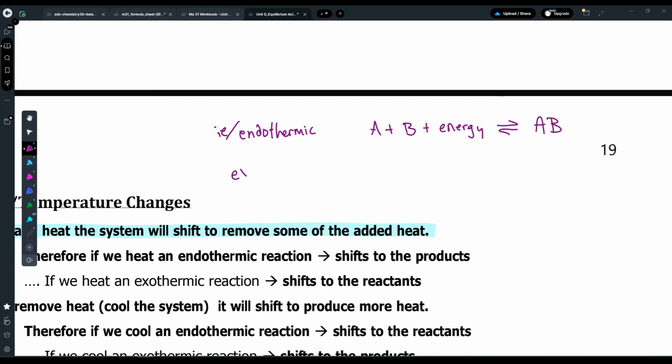And then for our exothermic example, I'm going to say reactant A plus reactant B, and I'll scooch this over so it's a little bit easy to see, gives us product AB plus energy. So remember, an exothermic reaction has heat exiting the system. That's why it's a product.